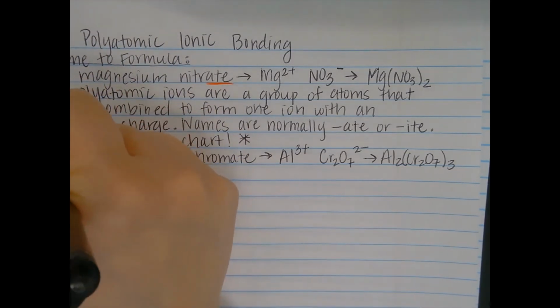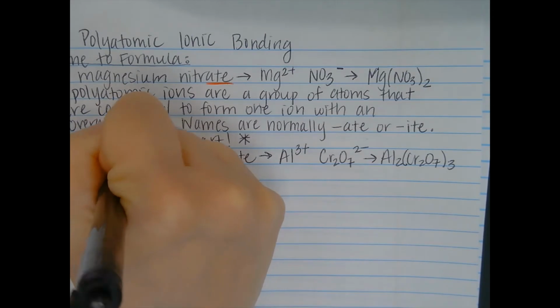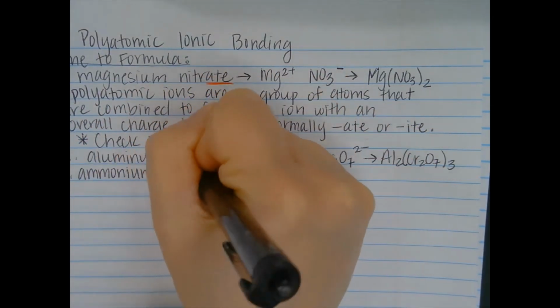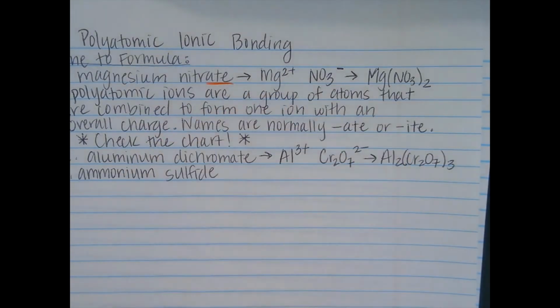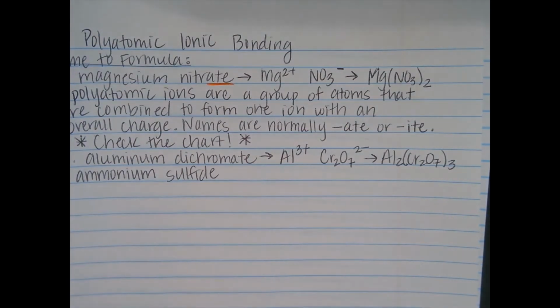Here we go. Let's do another one. Ammonium sulfide. Okay, ammonium sulfide. Well, we know the cation's written first. Ammonium. That doesn't sound like any element I've used before.